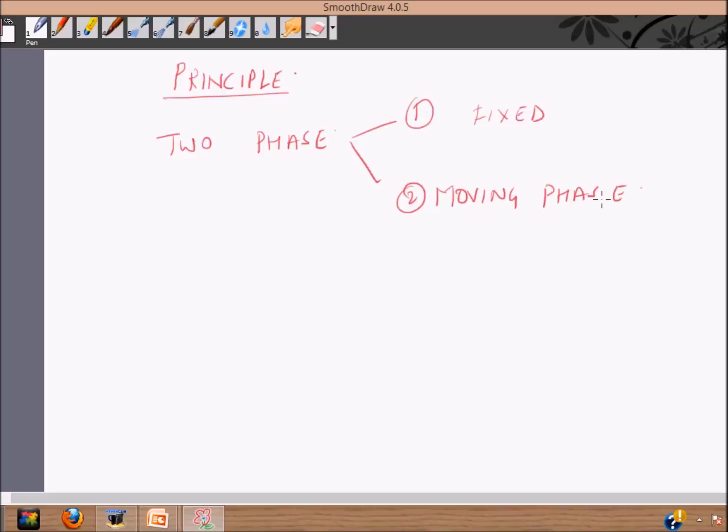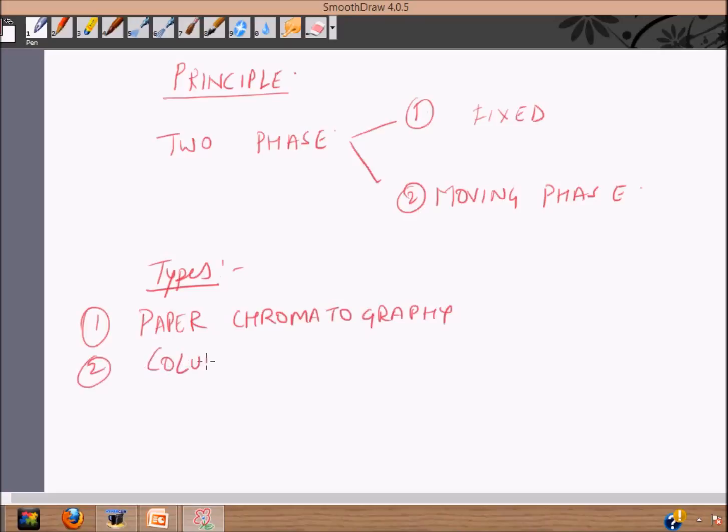Based on the respective natures of the fixed and the moving phase, chromatography is classified into types. These are the types of chromatography. First is paper chromatography. Second is column chromatography.